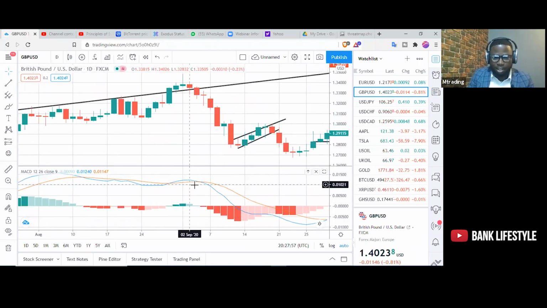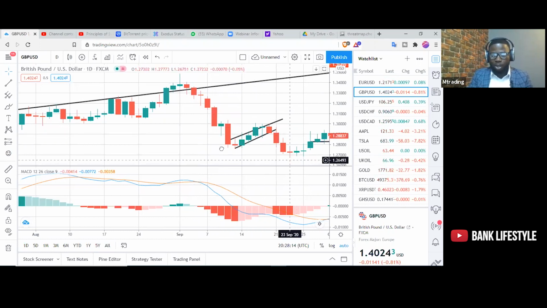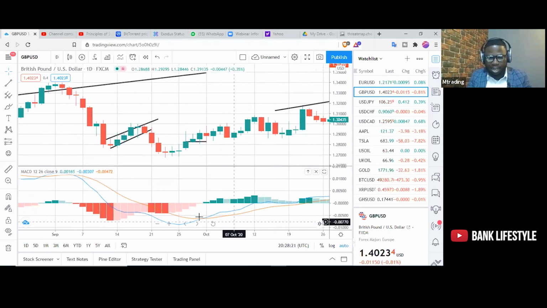Right here, you can see that the fast moving average has cut in the downward direction. The fast moving average is down and the slow moving average is on top of it, which means that the price is on a downtrend. You can see what happened in the chart over here as well. It was a downtrend until there was another cross over here that suggested another uptrend.